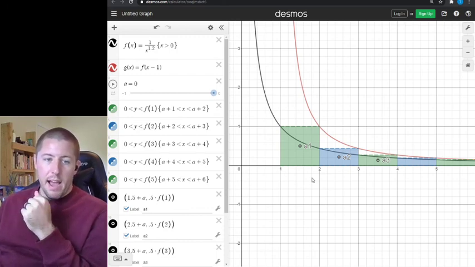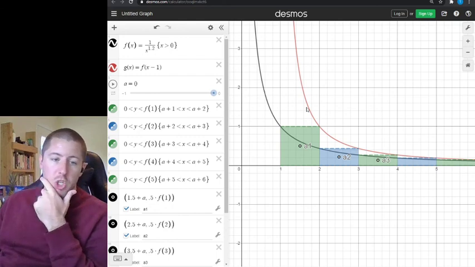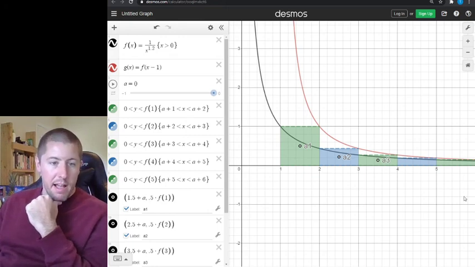I'm kind of hoping that I don't really need to say too much about this for you to see what our idea is right here. It looks to me like in this case, both the black curve and the red curve are some goodness of estimate for the actual value of the sum. Hopefully you can see quite obviously that the area underneath the black curve from 1 to infinity is less than the value of the sum, and that the area under the red curve from 1 to infinity is more than the value of the sum.